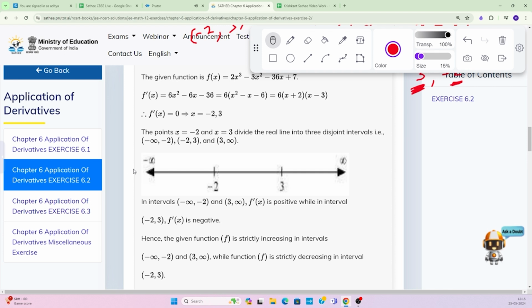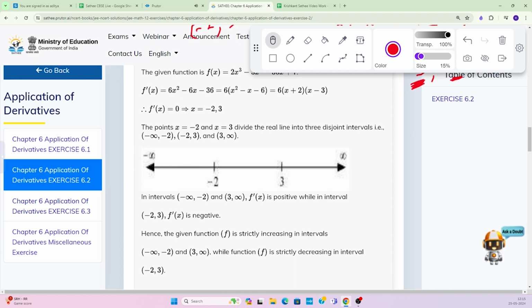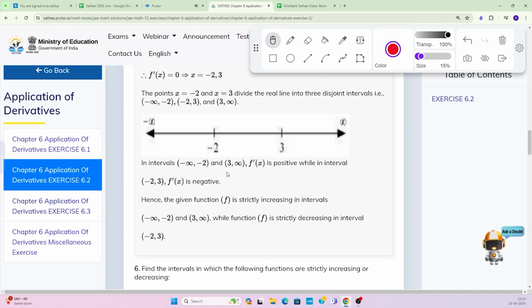In the minus infinity to minus 2 interval, it will increase, and the same will happen for 3 to infinity. And f is strictly decreasing in the interval minus 2 to 3. I hope it is clear to you.